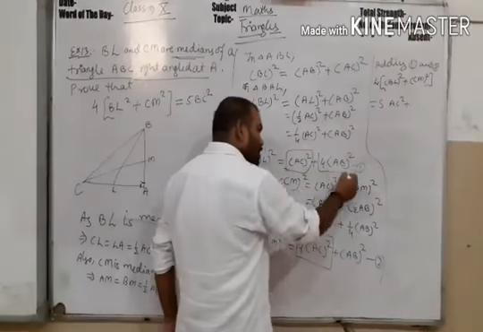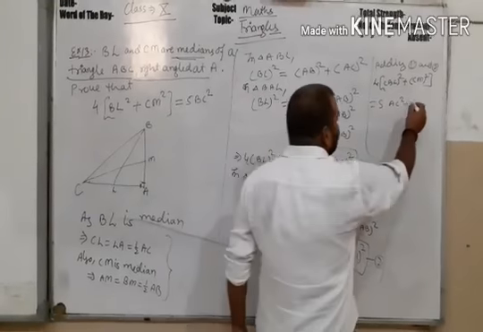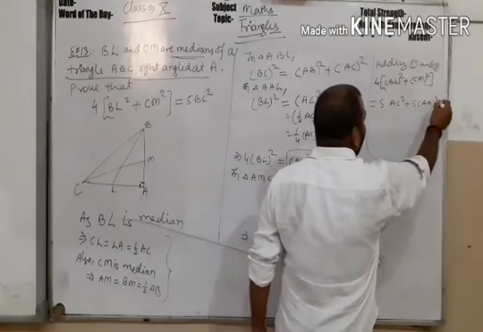Similarly, 4 times AB square is here and 1 time AB square is here, this becomes 5 times the square of AB.